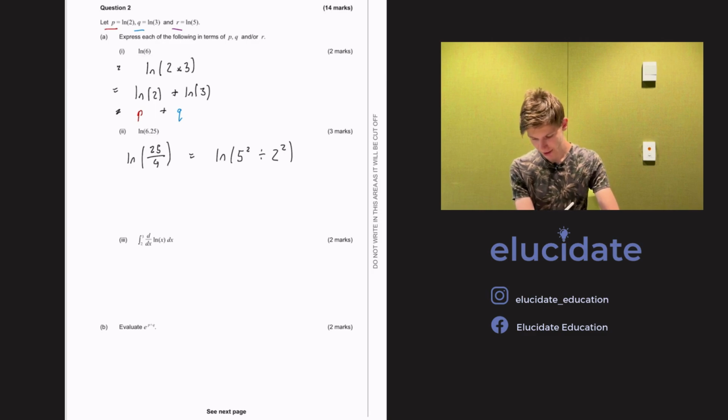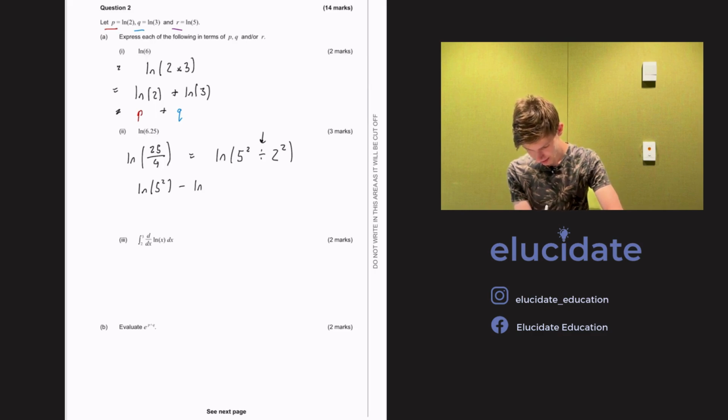Now we're going to separate out that, so we know the division of logs right here means subtract the logs, so we're going to end up with ln 5 squared minus ln 2 squared. Now we also know, because of our exponential log laws, these powers can be written out the front of the log.